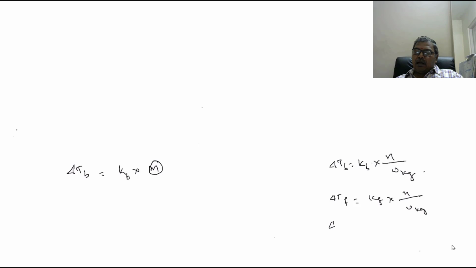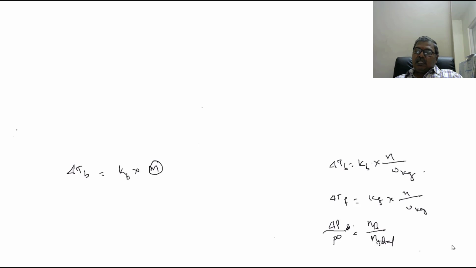And delta P, what is delta P? P0 minus Ps, lowering of vapor pressure. This is directly proportional to the number of moles of solute, or you can write delta P by P0 is equal to X_B. What is X_B? Number of moles of solute by total number of moles in the solution. Because according to Raoult's law, relative lowering of vapor pressure is equal to the mole fraction of the solute.